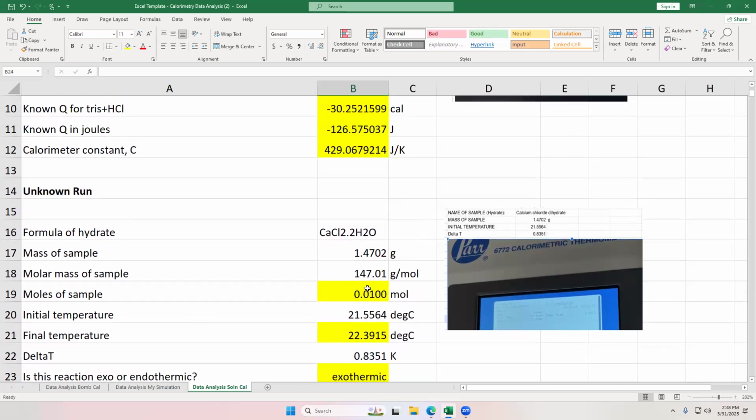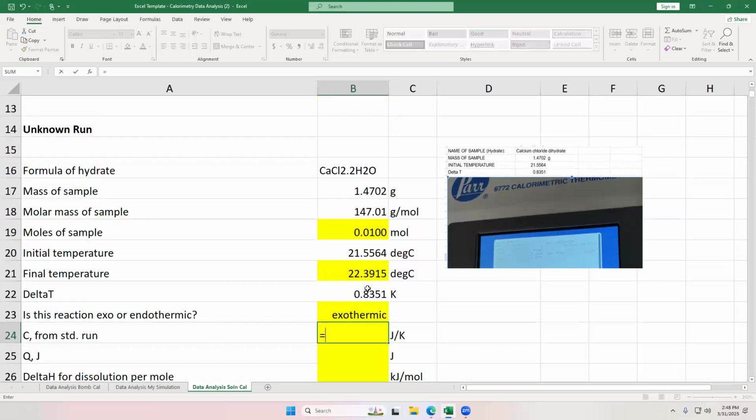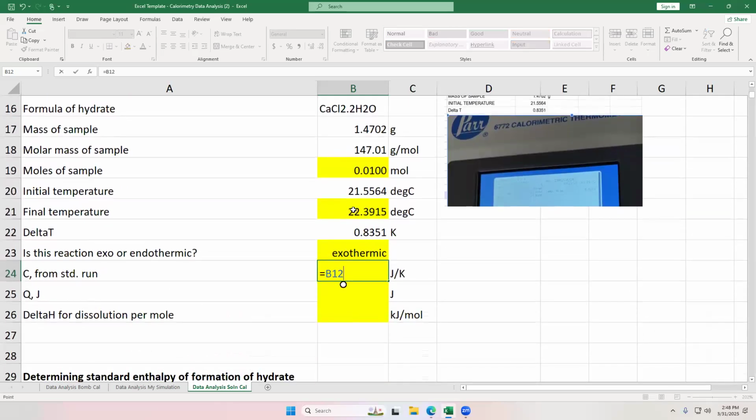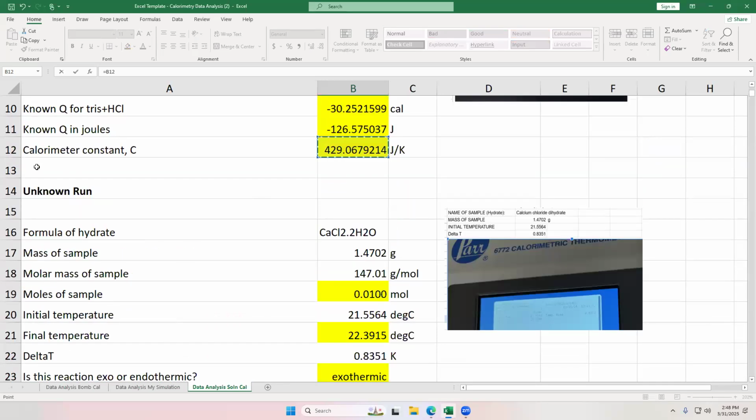C from the standard run is 429. So I'm just going to point to that. If you have several standard runs, point to the average, okay? Don't point to just this number, which is what you're going to have with your lab data. You'll have several standard runs, so you probably need to add another row here with the average and point to that instead.